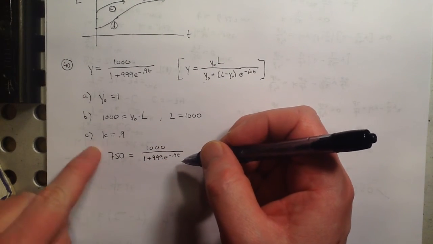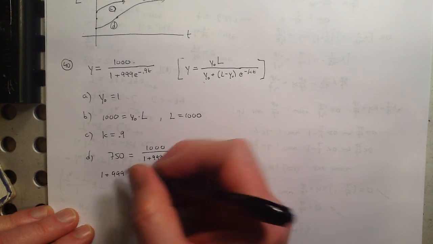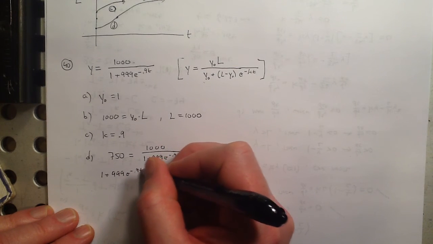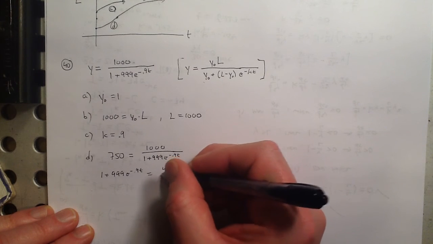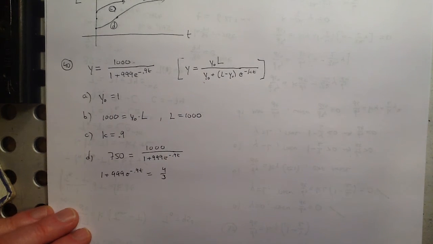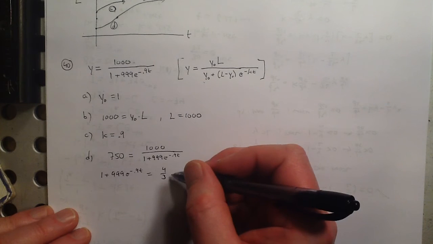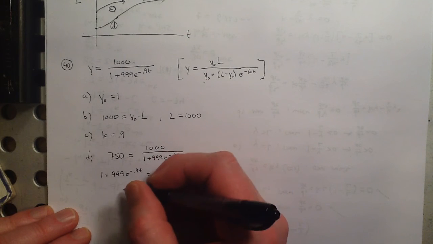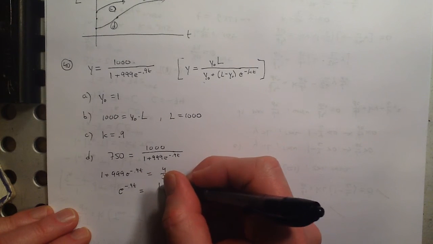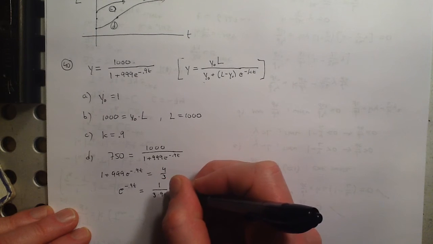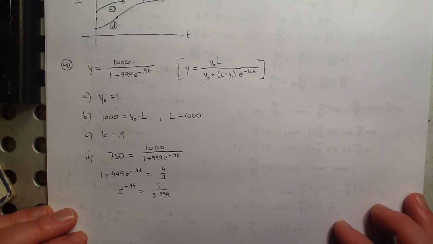I'm going to cross multiply here, multiply that up to this side. 1 plus 999 e to the negative 0.9t is equal to 1,000 over 750. That's 4/3, you don't have to do that necessarily. And then subtract the 1 over, that would give me 1/3 there, and then divide by 999. So that's 1/3 divided by 999. Just consolidating a couple of steps there.